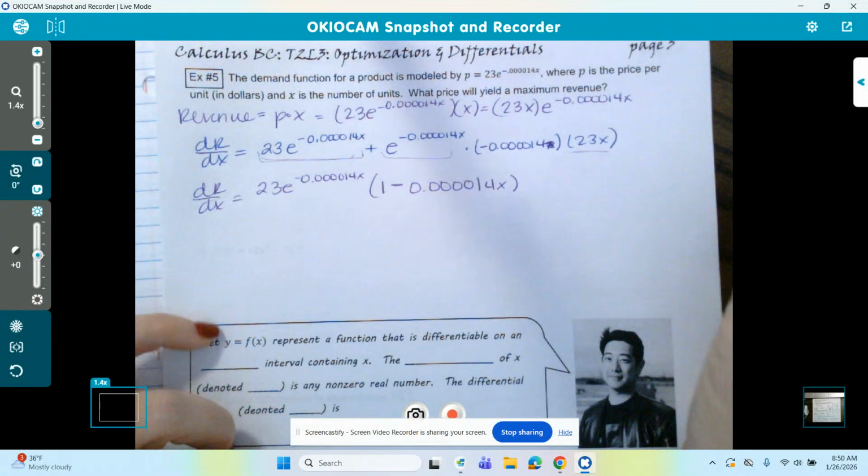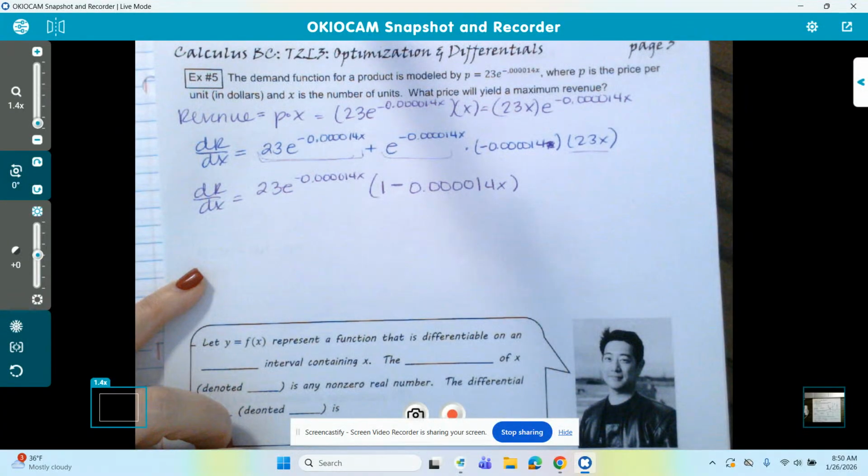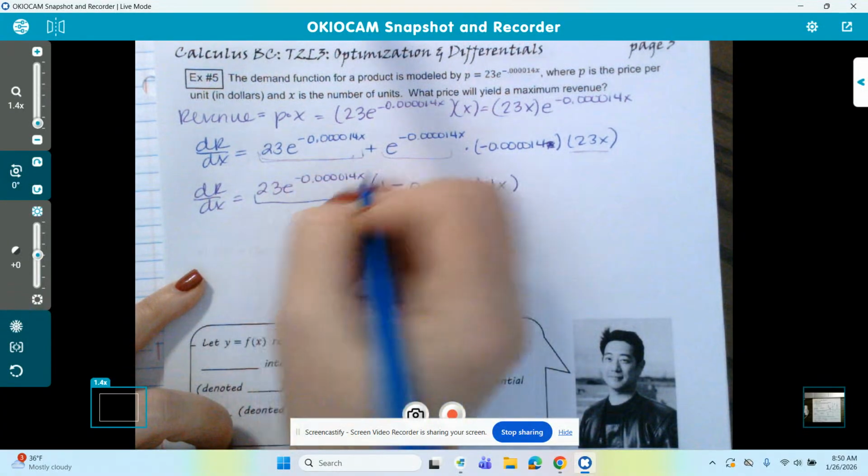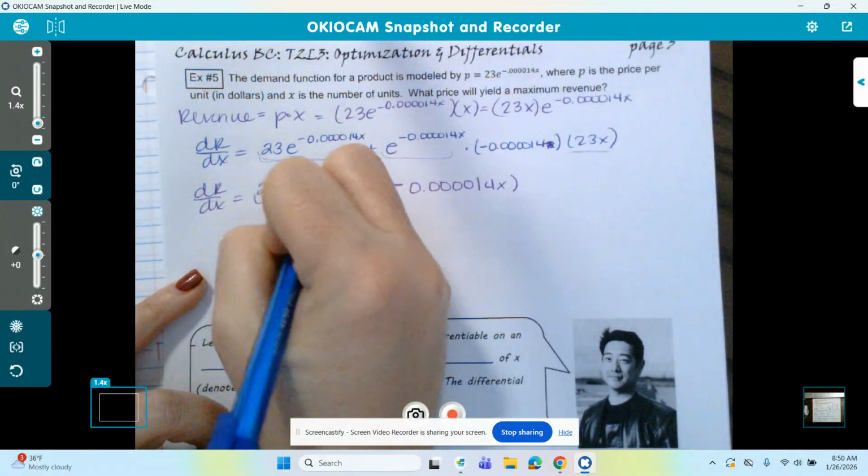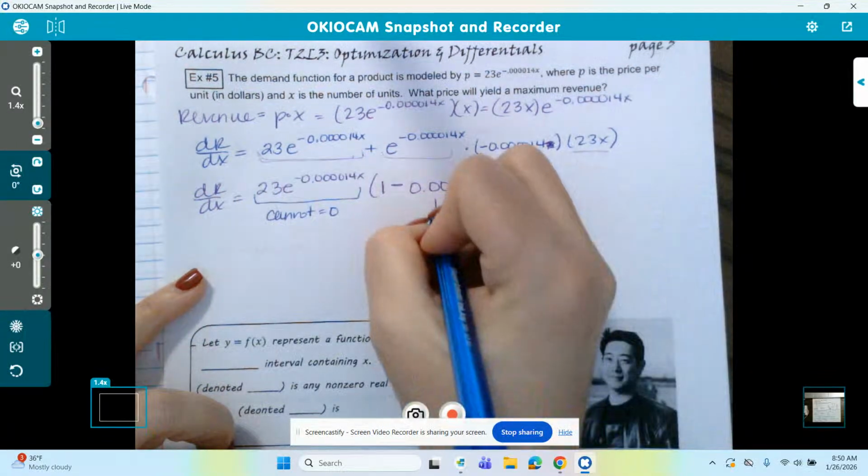All right, so now we want to set this equal to 0. Well, I know that there's nowhere that this right here is going to equal 0. So then I only have to worry about this.